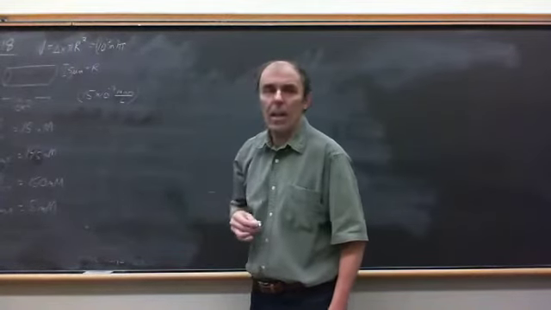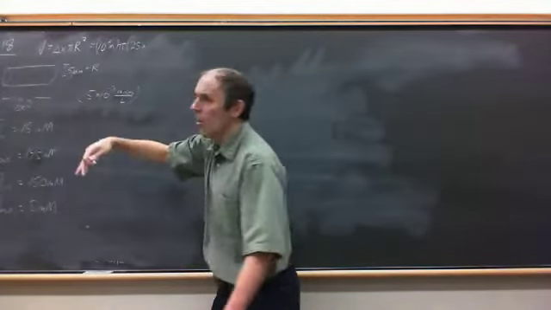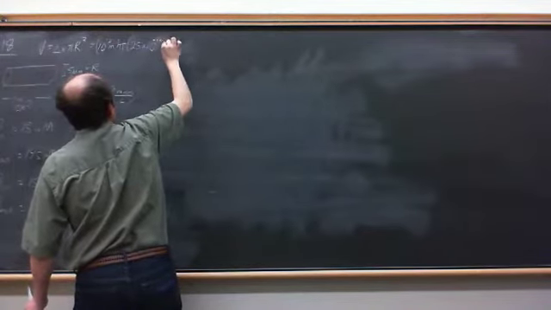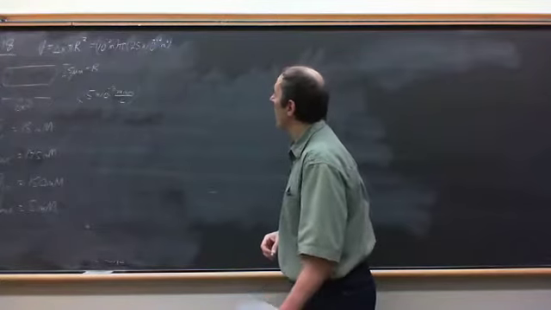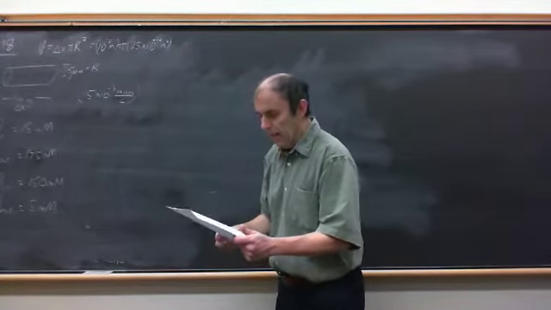So we square that, we get 25 times, that's 10 to the minus 6, but when you square it, you get 10 to the minus 12 meters squared. So that's pi times 25, that's somewhere around 80.